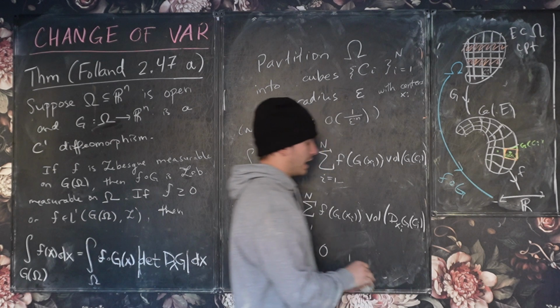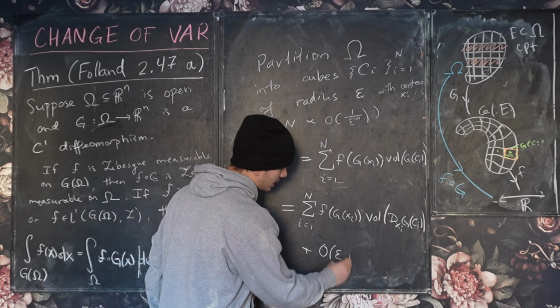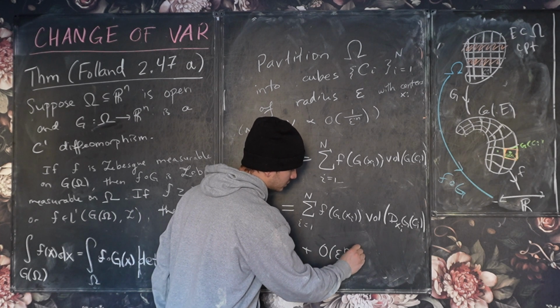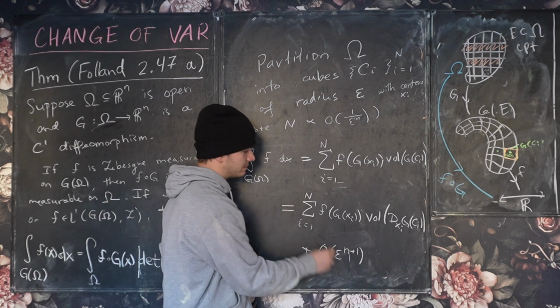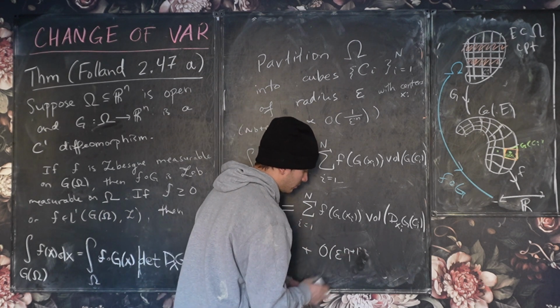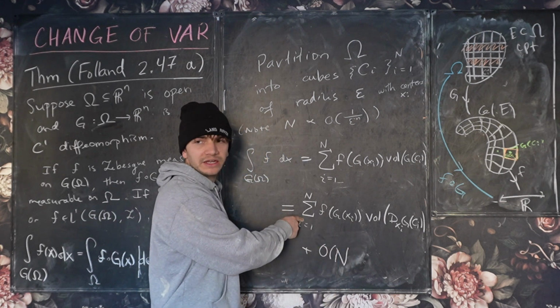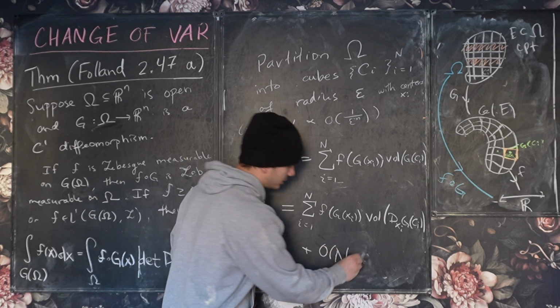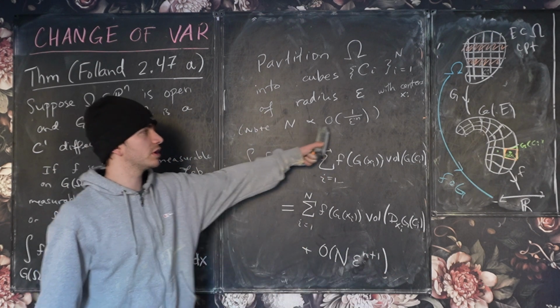And that error, we said, is of order epsilon to the n plus 1, but then this is multiplied by n. Each element of this sum accumulates that error, epsilon to the n plus 1. But n is of order 1 over epsilon to the n.